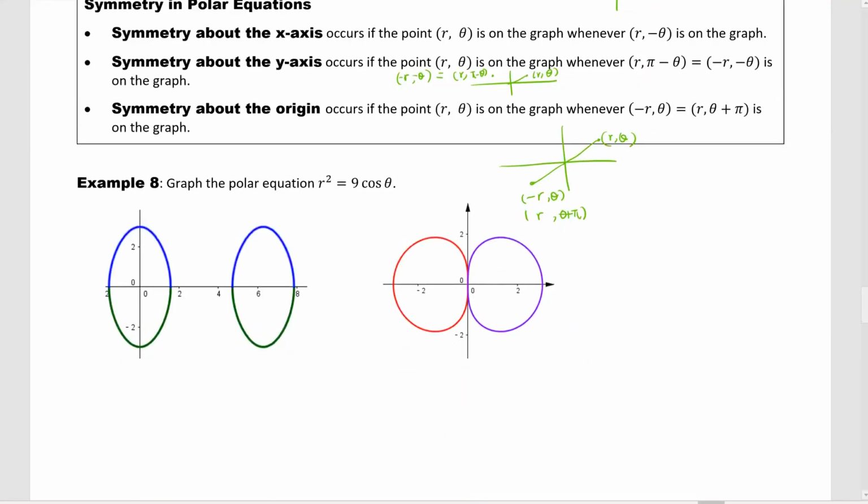Here I give you more examples of how to graph it. Here you have r squared. So when you take the square roots, you get plus or minus the square root of 9 cosine theta. The blue line is the positive, the green line is the negative.